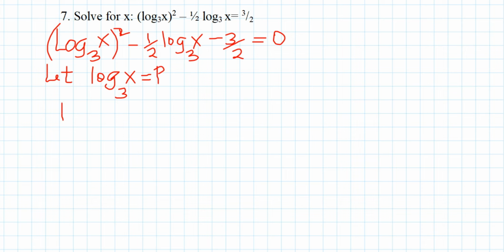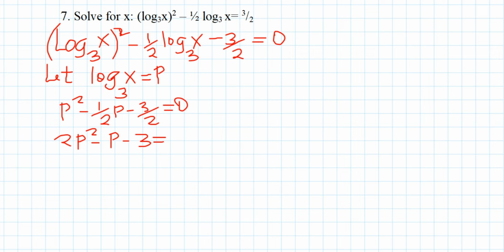So when we let the log to base 3 of x be equal to p, we substitute the p into the equation, so that now we have p squared minus a half p minus 3 all over 2 equal to 0. And so in this case we have a quadratic, whereby we multiply by 2 on the left and also on the right. We are going to have 2p squared minus p minus 3 is equal to 0.